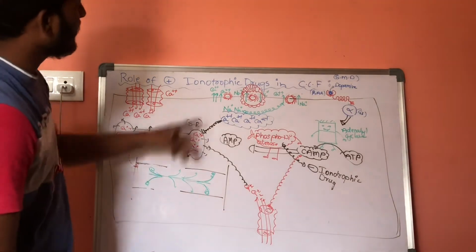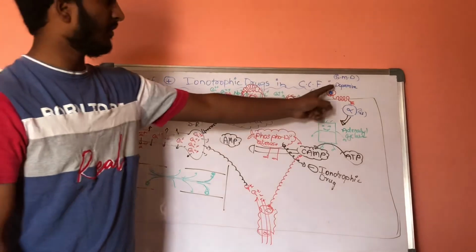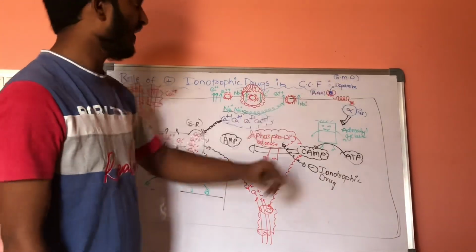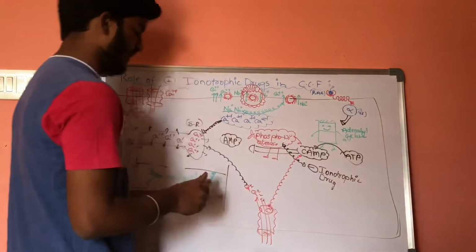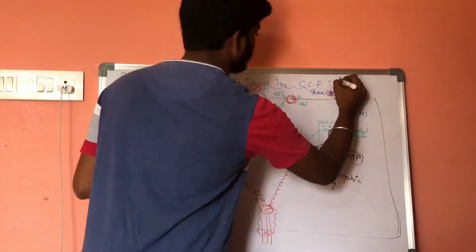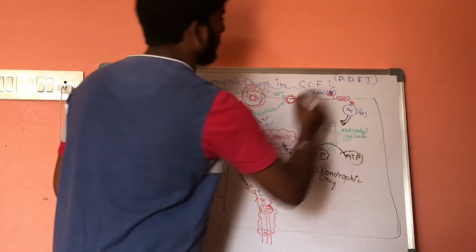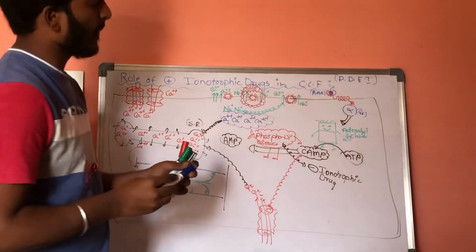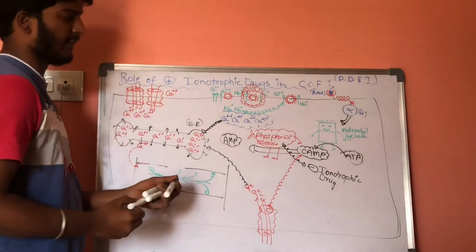Now we have discussed the first one, digitalis, and we have completed sympathomimetic drugs, and the next one is phosphodiesterase inhibitors. Phosphodiesterase inhibitors include two drugs.